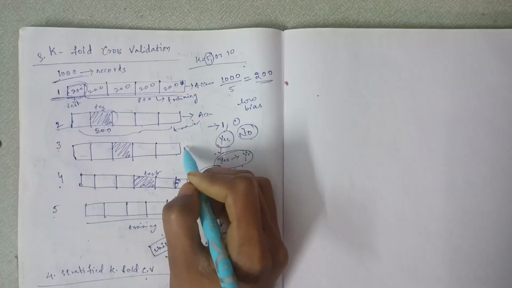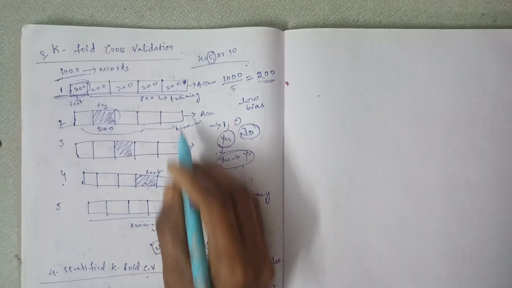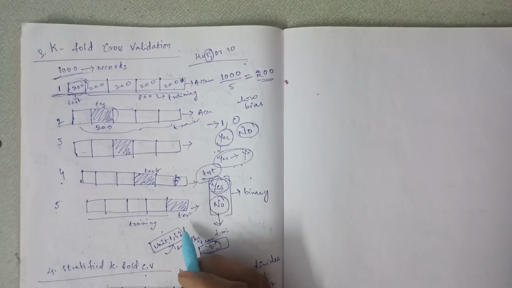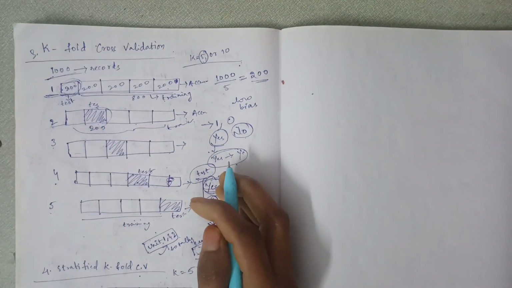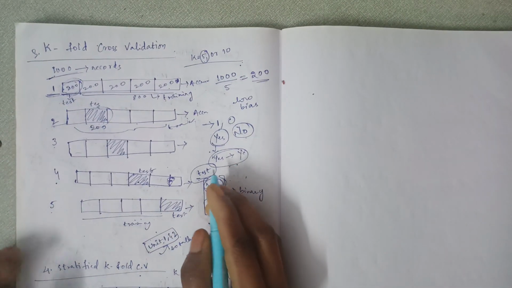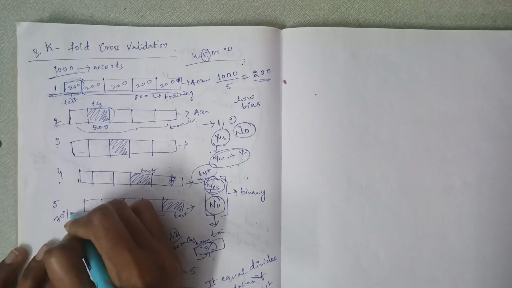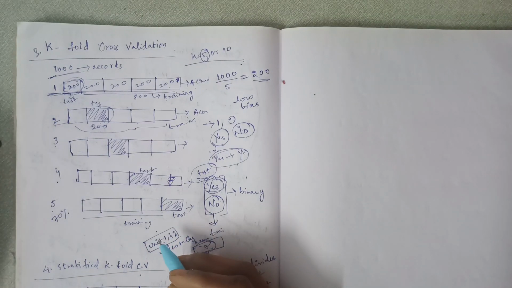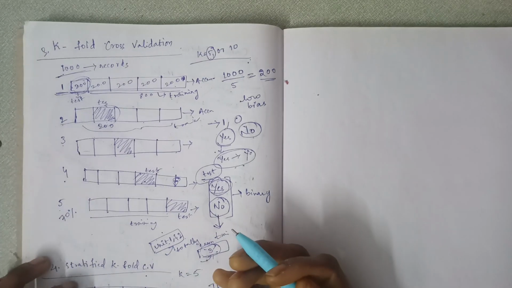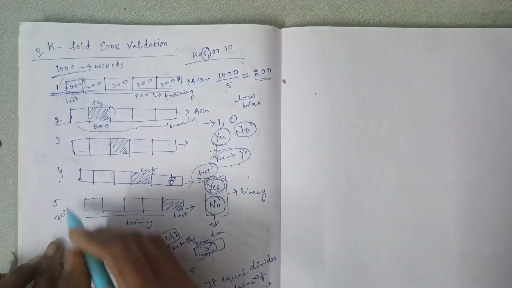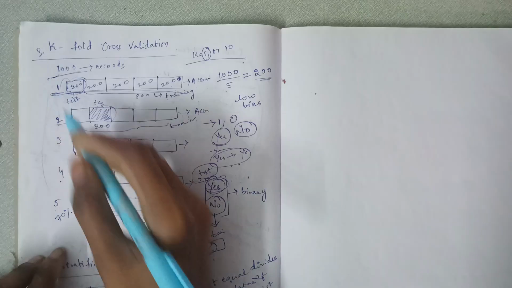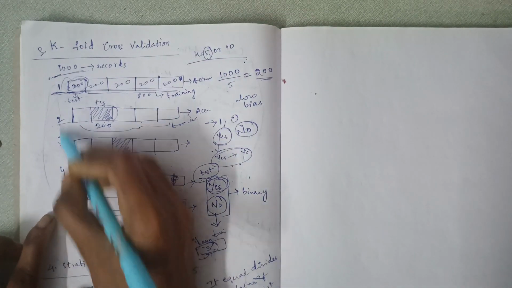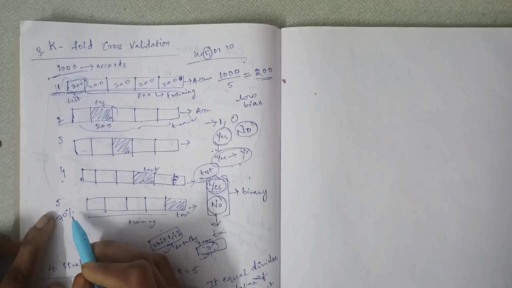For the third, fourth and fifth folds you calculate the accuracy, and you take the average of all these accuracies, and you will say that the average accuracy of the model is 70%. Or you can say the minimum accuracy is the minimum of these 5 folds, and the maximum accuracy of the model is the maximum accuracy in these 5 folds.